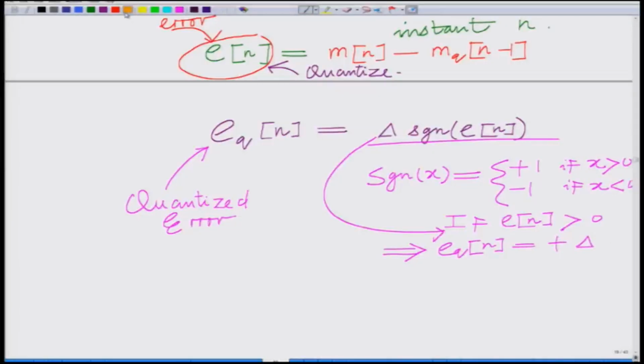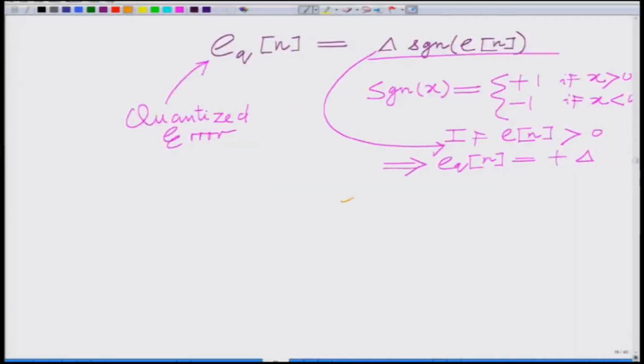On the other hand, if E[n] less than 0, the sign of E[n] is minus 1, which implies EQ[n] is minus delta. So, now you can see EQ[n] can only take two values, either plus delta or minus delta, alright. So, only two values, therefore, the number of bits required is 1. Okay. So, let us note that.